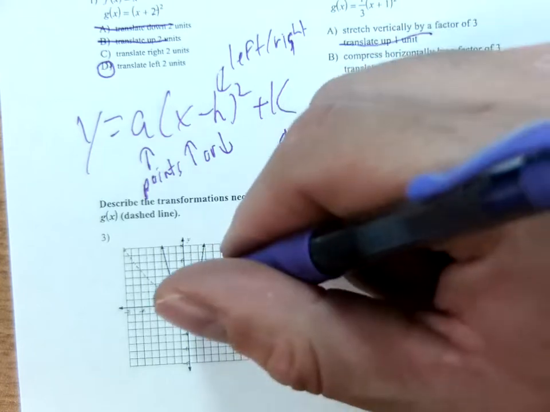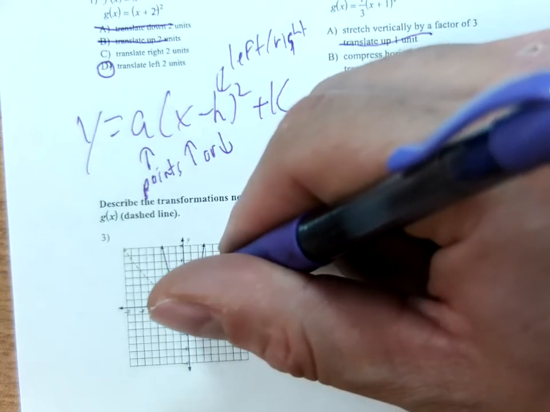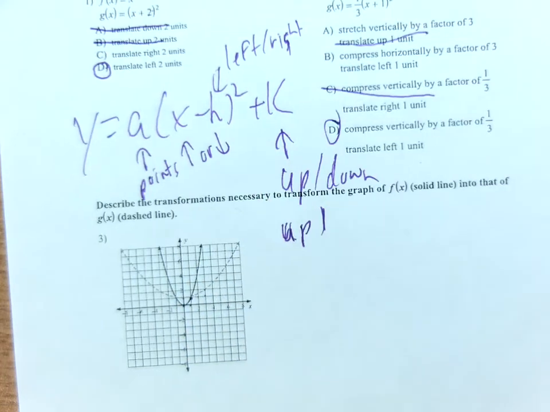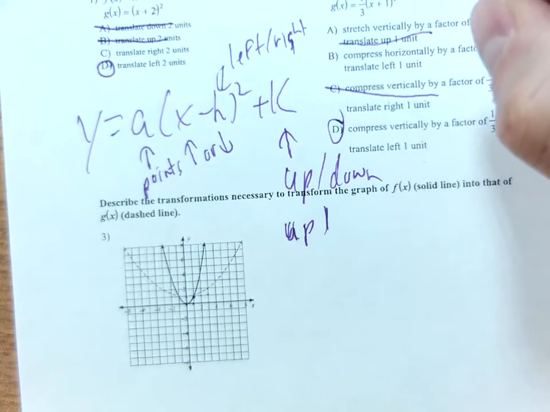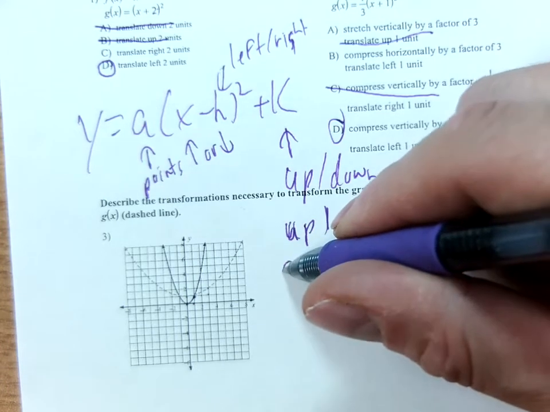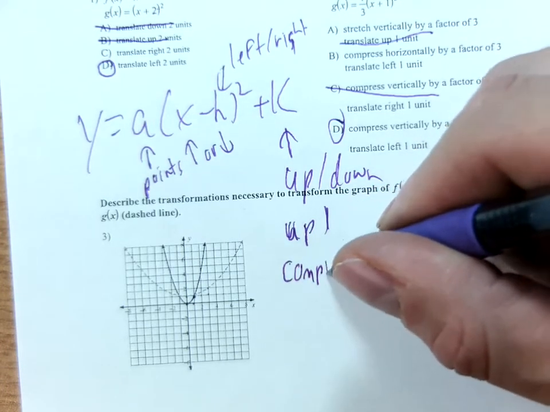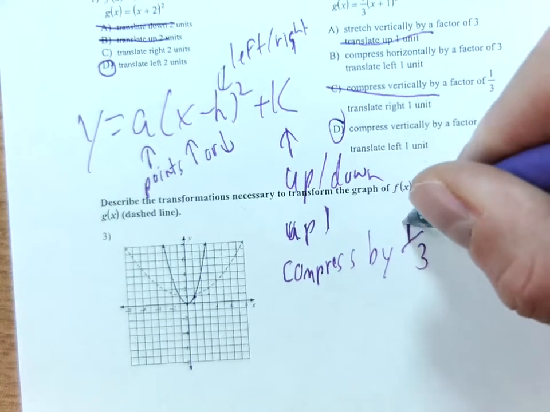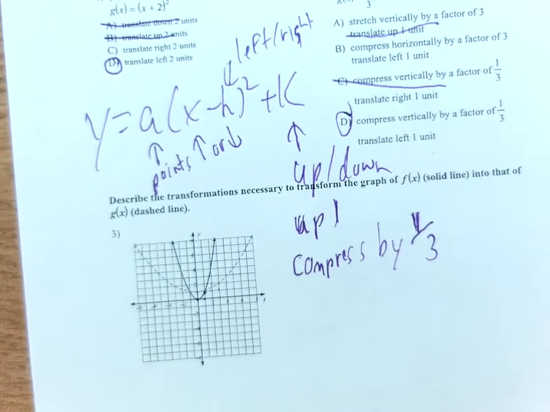But this one goes over 3: 1, 2, 3, up 1. So it's got a compression vertically by the same factor as the last one, because it's over 3 up 1 instead of over 1 up 1.